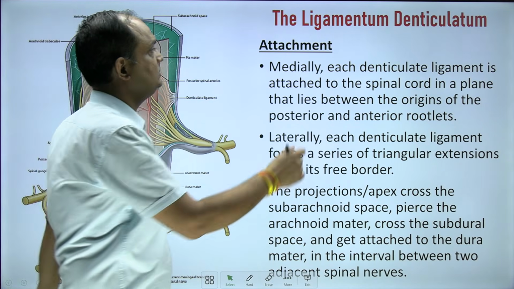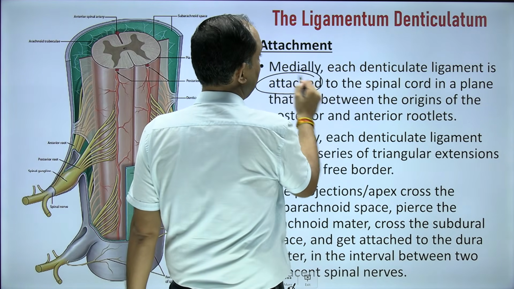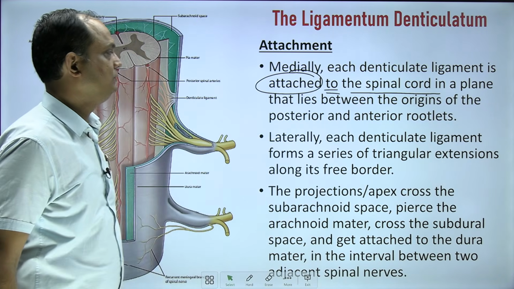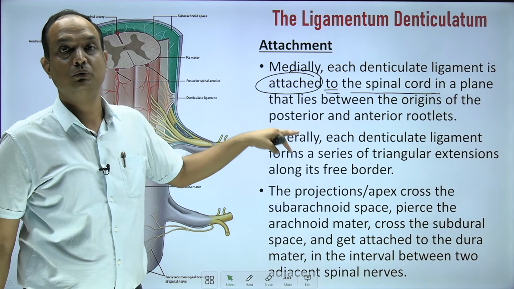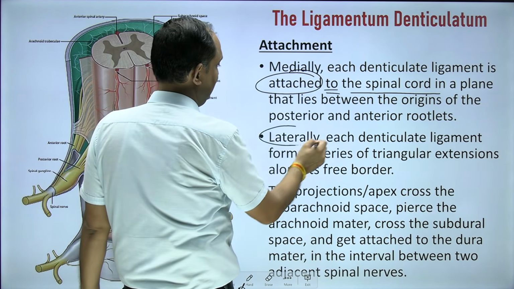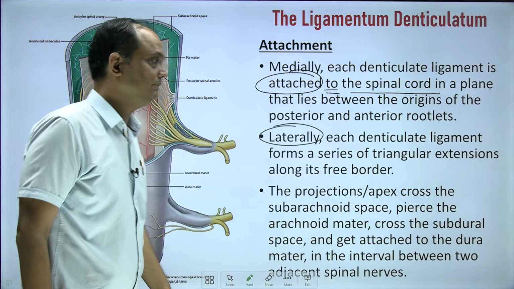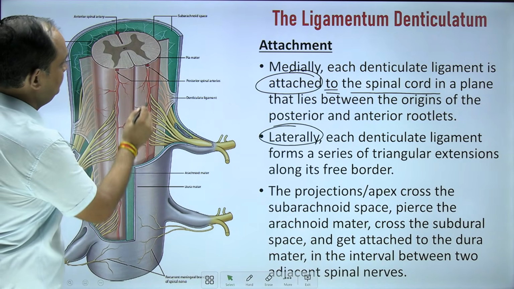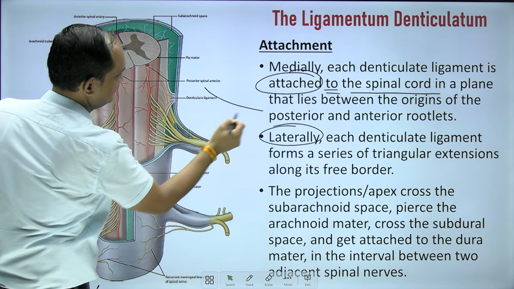Medially, each ligamentum denticulatum is attached to the spinal cord in a plane that lies between the origin of the anterior and posterior root of the spinal nerve, which I just told you. But when you see the lateral attachment, each ligamentum denticulatum forms a series of triangular extensions. So you can see that this is a triangular extension.